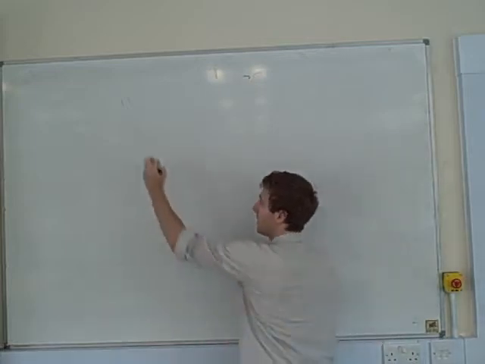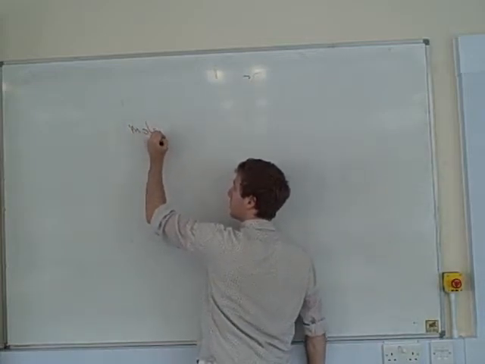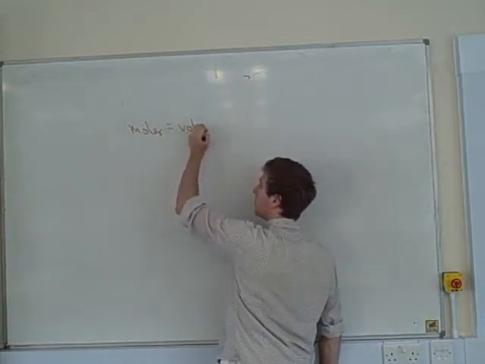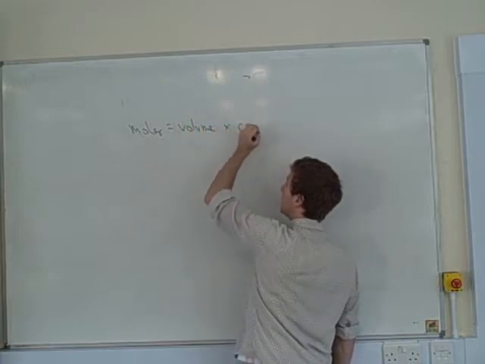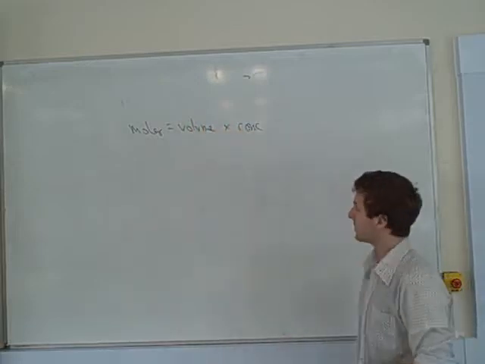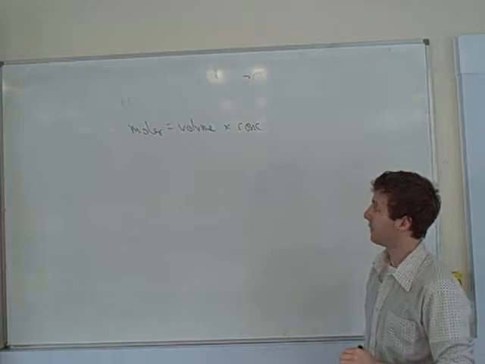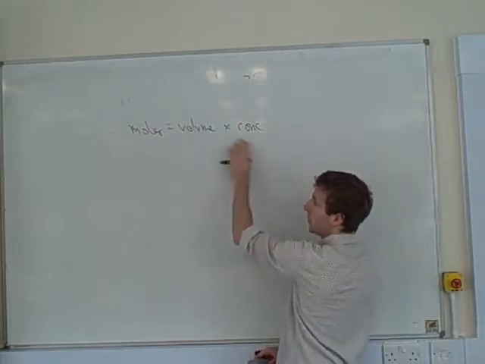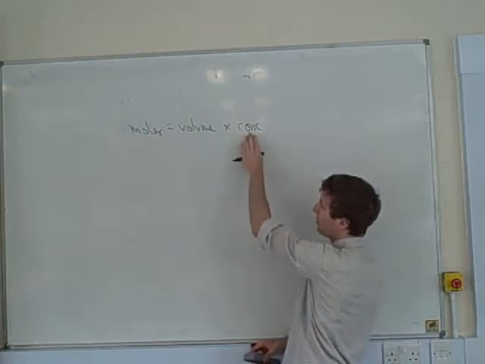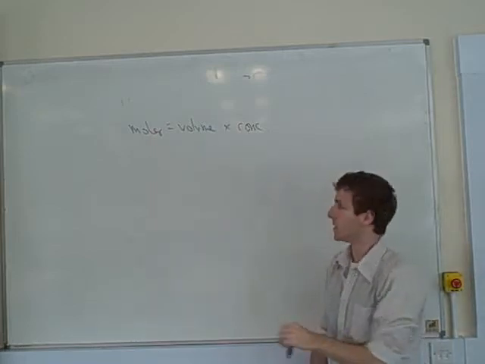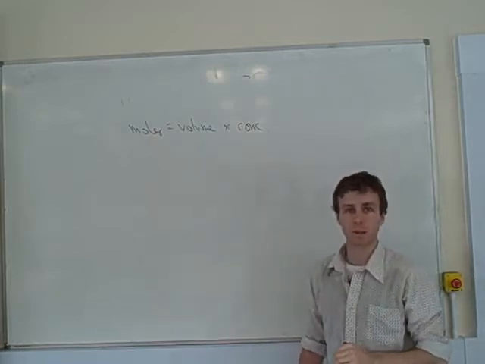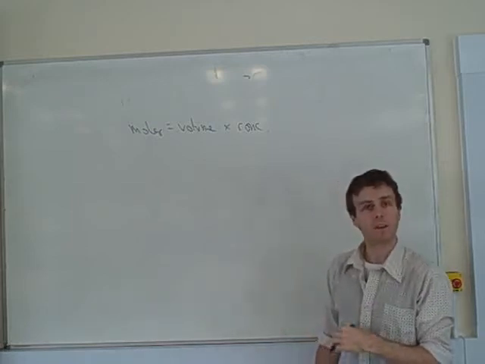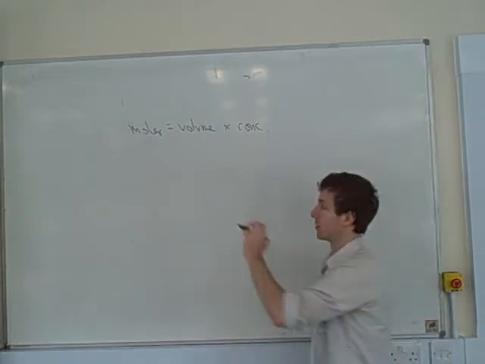Let's do two more. So let's say we've got moles equals volume times concentration. And let's say I want to get volume equals. So look at this side, I want it to be volume equals. What else have I got? I've also got concentration on this side, so I need to get rid of this concentration. So what I'm going to do is divide both sides by concentration.